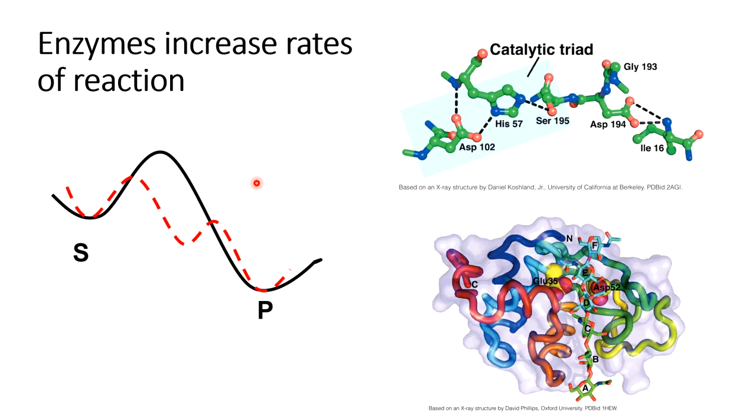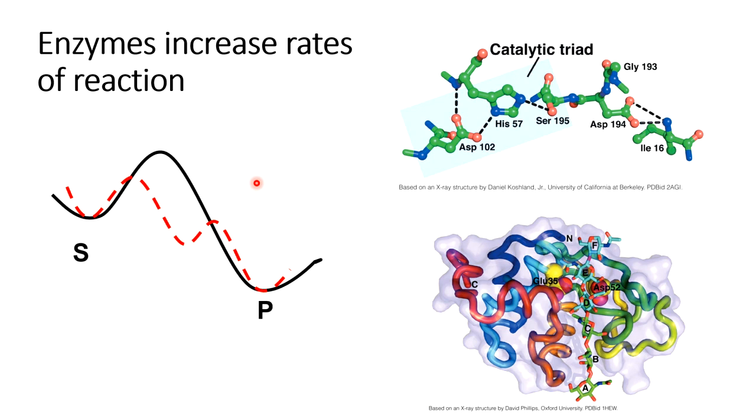But typically how it does this is not by affecting the energy of the transition state directly, but instead it finds a different pathway. There may be, for instance, two transition states on the pathway catalyzed by the enzyme, versus for the native reaction, which is uncatalyzed, there's only one transition state.